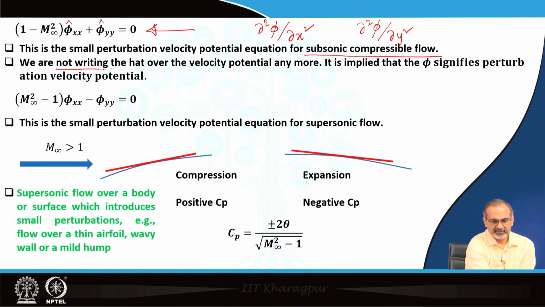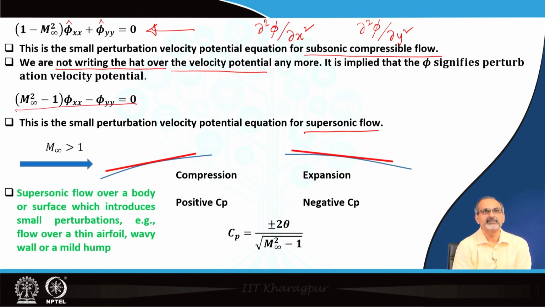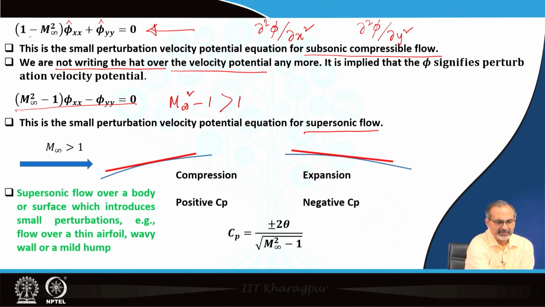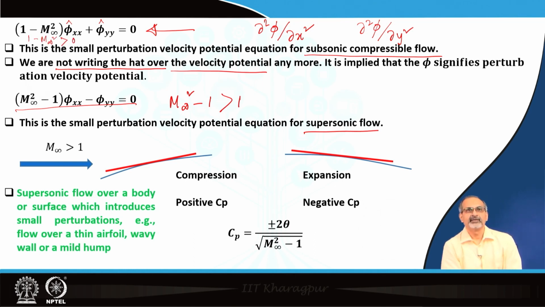So, we are not writing the hat over the velocity potential anymore, it is implied. And when you look at this equation for the supersonic flow regime, then we write it in a form like this, where obviously M infinity square minus 1 is greater than 0, while here 1 minus M infinity square was greater than 0, and you have a form like M infinity square minus 1 times phi xx minus phi yy equal to 0.